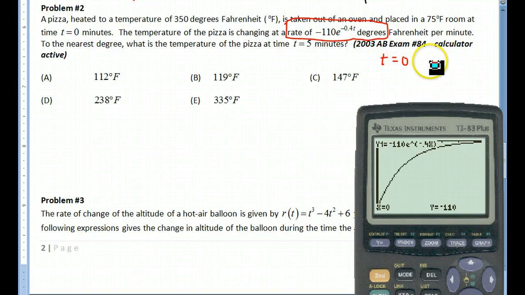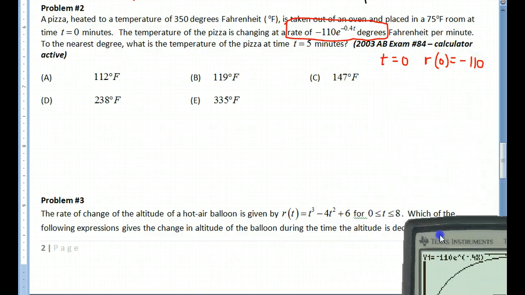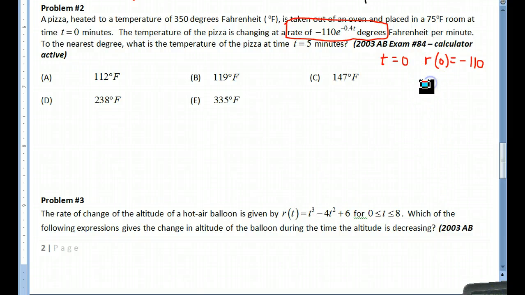That the rate, or I'll just do it. Yeah, r of 0 equals -110. What does that mean? Think about rate. So it's starting to cool off at a rate of 110 degrees.